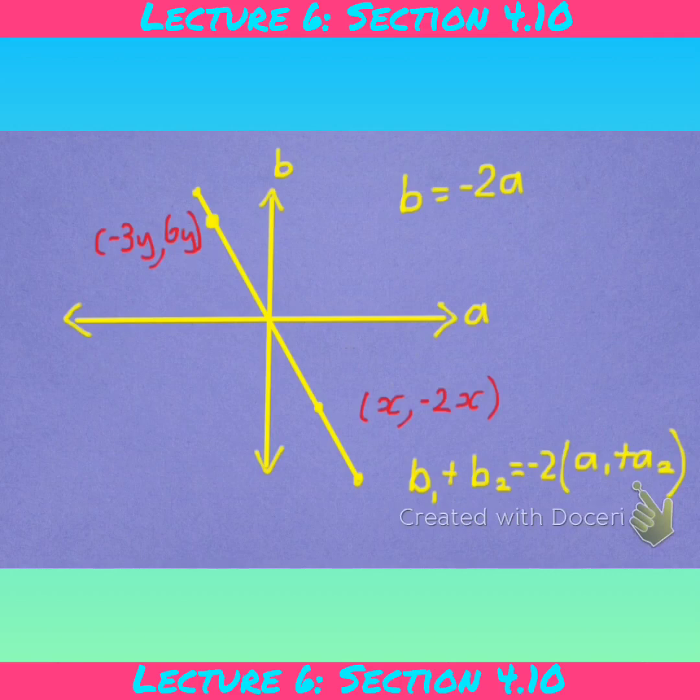So if you sum these two points together, it is again a point on that straight line.